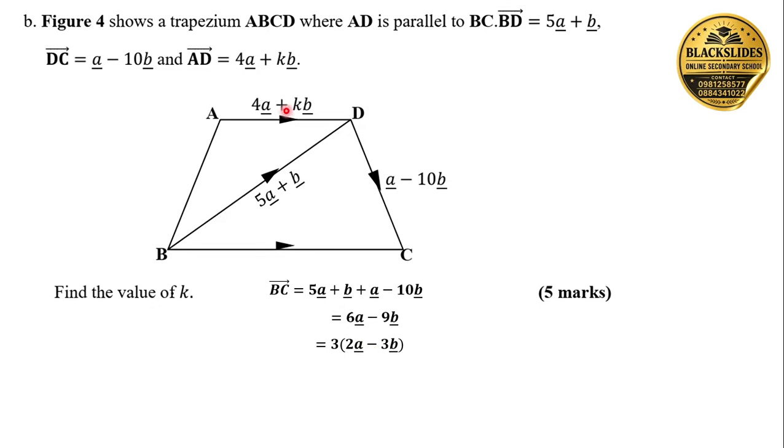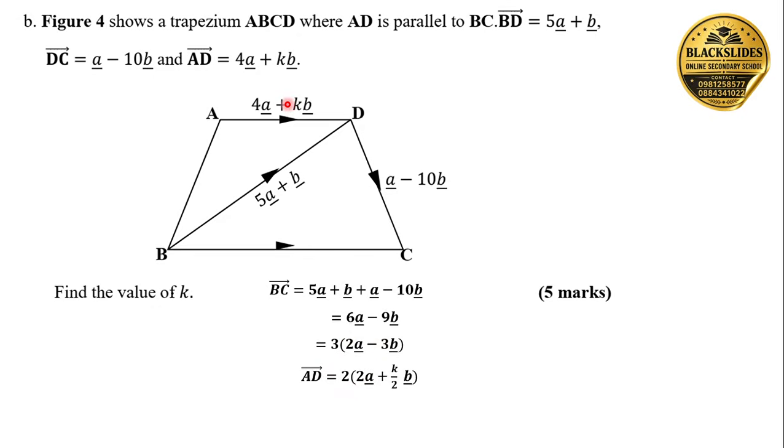If you look at vector AD, it can be written in the same form as BC, but in terms of k.